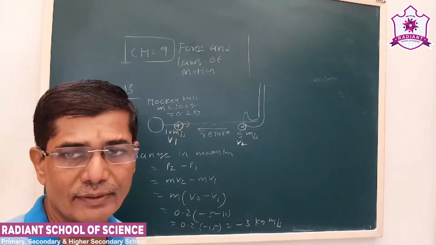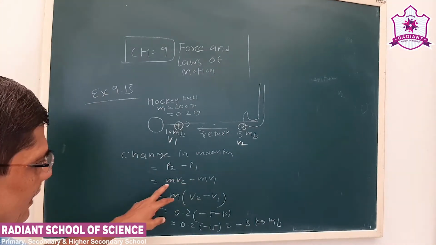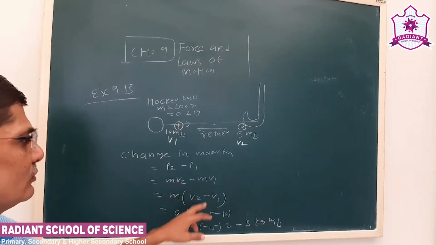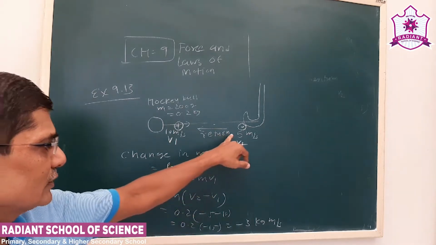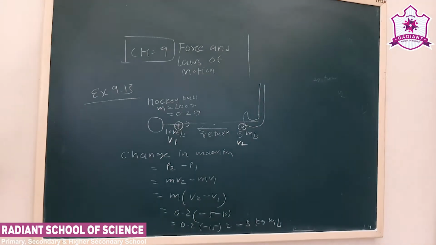So this is how we can solve. This is the change in momentum of the hockey ball during the interaction.